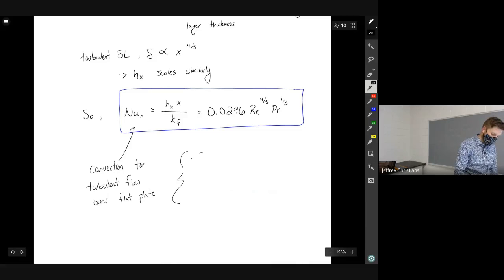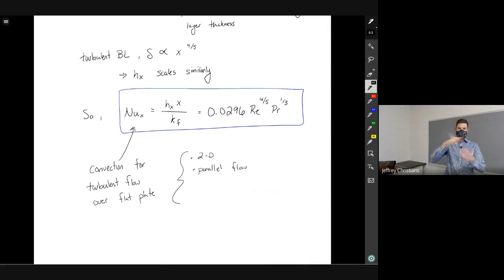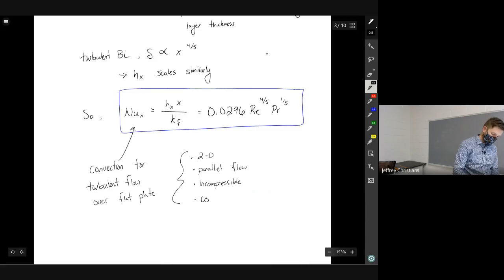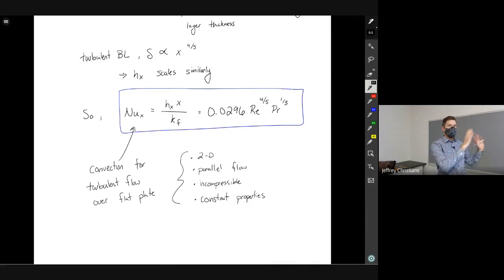Right, so this assumes it's 2D, we have parallel flow, so the flow is in the same direction as the plate. And incompressible. Constant properties, and this is kind of just to give a flavor.